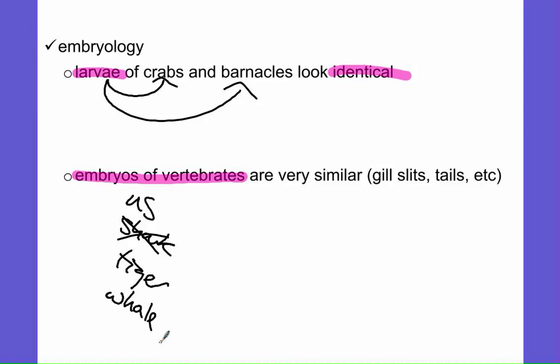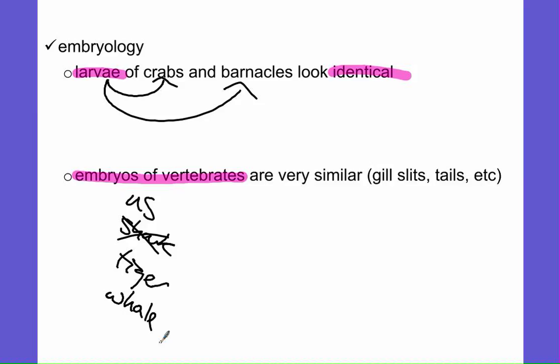Fairly confident in that because none of those things are even primates to go along with our specific part of the whole system. But crabs and barnacles, being the larval stage is way, way past an embryonic stage, right? They're already developed quite a bit at that point.